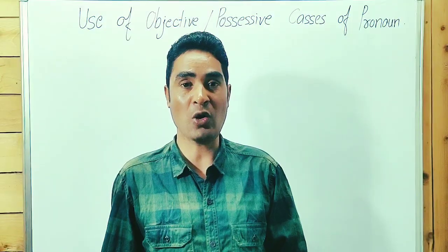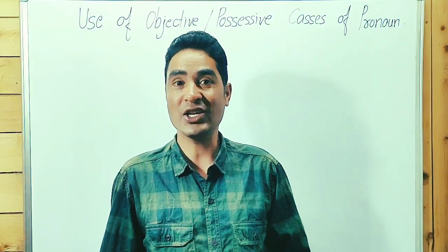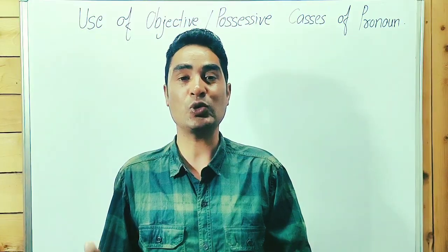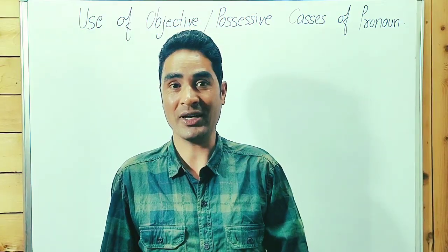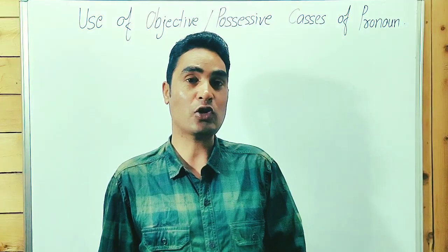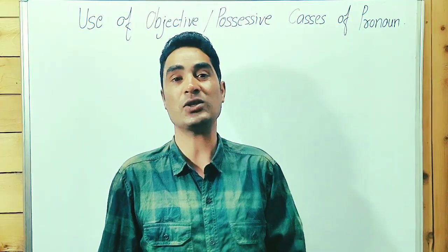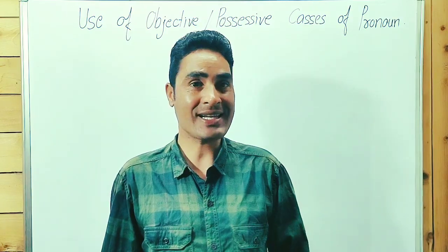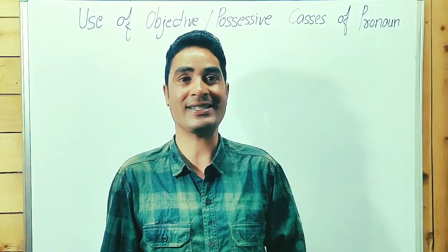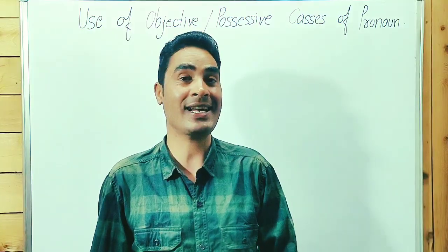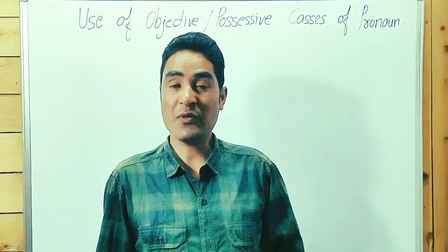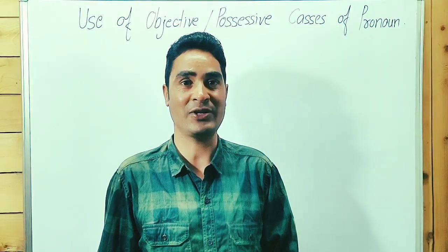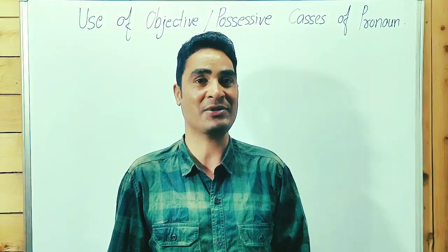When two or more pronouns of different persons are used in a sentence, we use 1, 2, 3 and 2, 3, 1 order. 1 stands for first person, 2 for second person, and 3 for third person. If you haven't watched that video yet, please go to the description. The link has been given there.